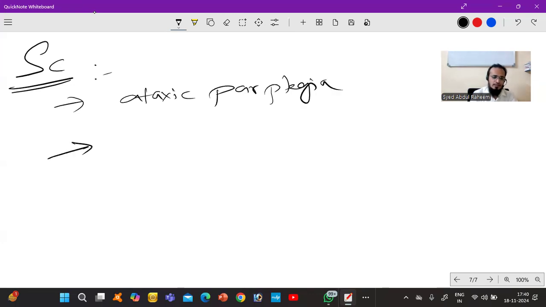And the second is that the patient's gait is very abnormal. The walking is very different from normal people. So this is the thing you have to remember. And along with that, the patient has urinary disturbance.